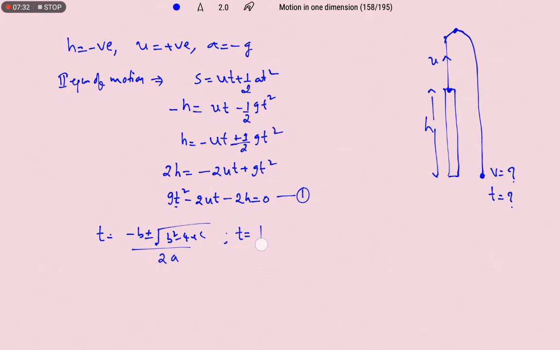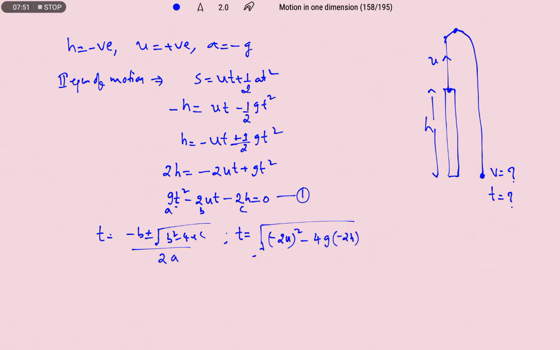So t equals under root of b square, where the b value is minus 2u, so minus 2u whole square, minus 4ac. So this is a, this is b, and here it is c. So for 4ac, the a value is g and the c value is minus 2h.